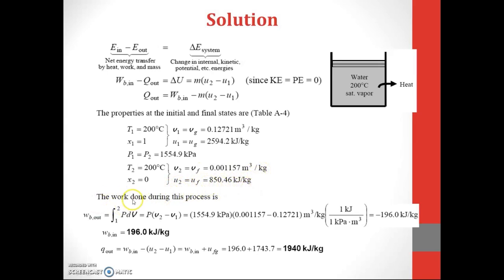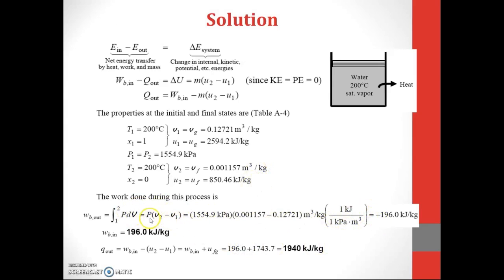So this is the time when you need to insert the suitable values into the equation. The work done during this process, work out, equals the integral of P dV, which is P(V2 minus V1). Since our values are specific volumes, you need to multiply by the mass, so V equals mv.